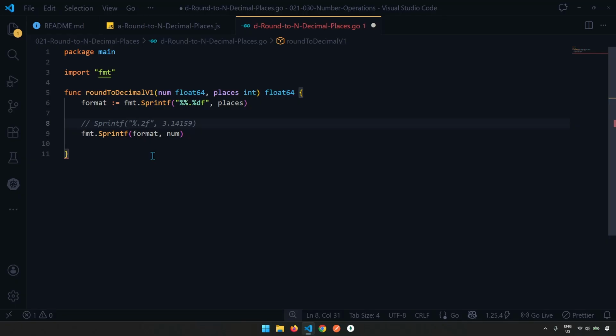This means limit 3.14159 to 2 decimal places and then round it up or down depending on the criteria. If we limit this by 2 decimal places, we have already talked about this, the 1 means round it down. That means do nothing. That means the result is going to be 3.14.